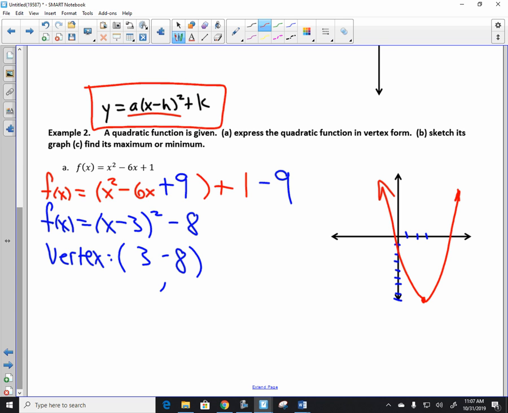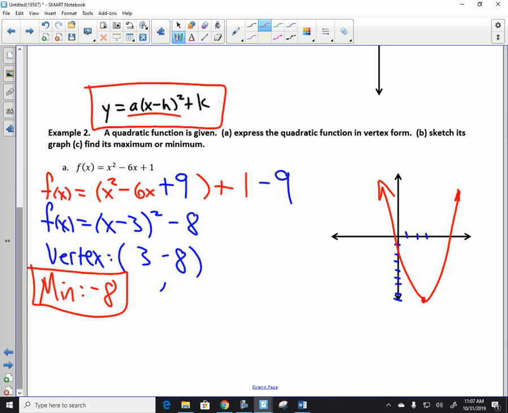Parabola goes up. Parabolas either have maximums or minimums. Because this parabola goes up, it has a minimum, and the minimum value is negative 8. What do you think? Yep.